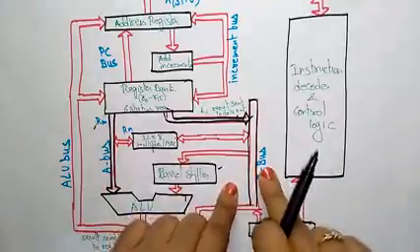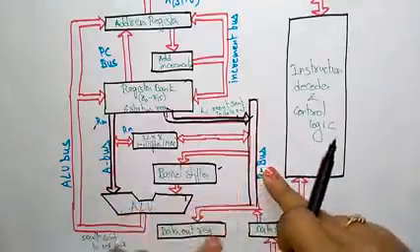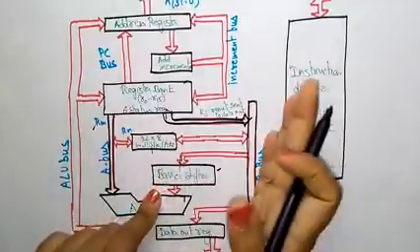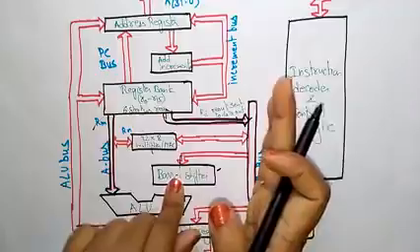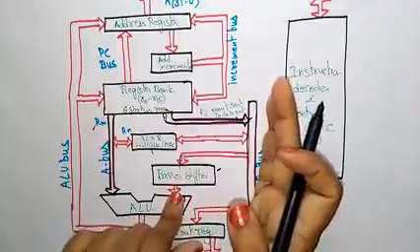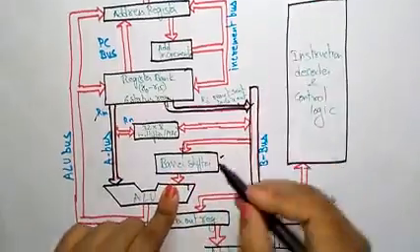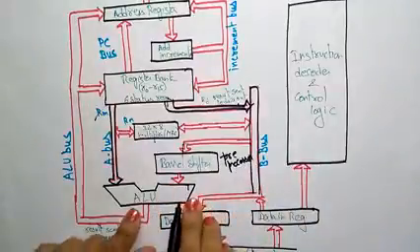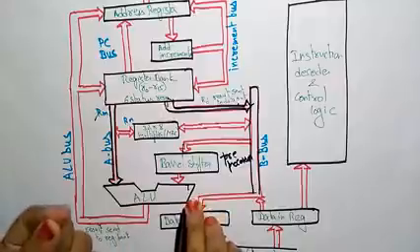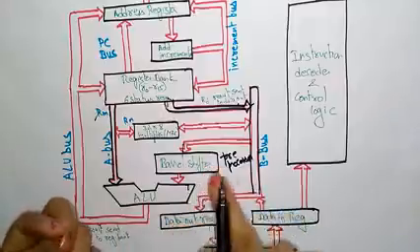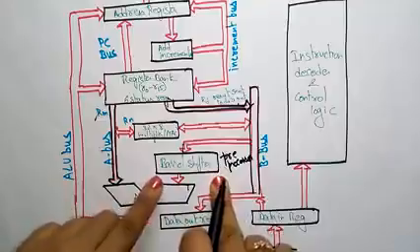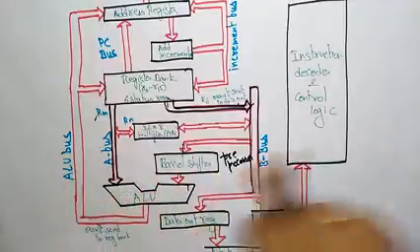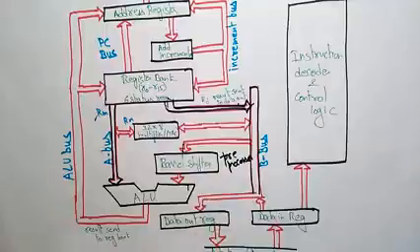So here the B bus goes via the barrel shifter. So what is the barrel shifter? The barrel shifter is also called a preprocessor. The data which came from one of the source registers will be stored in this barrel shifter.